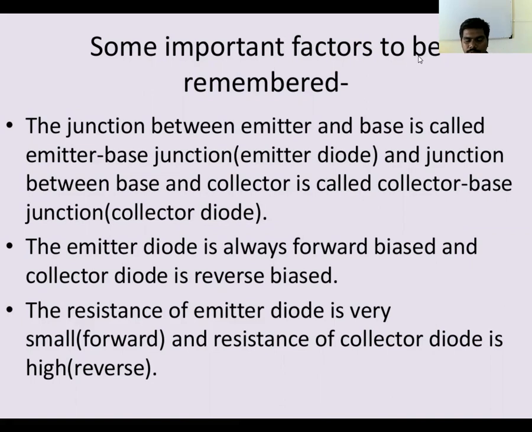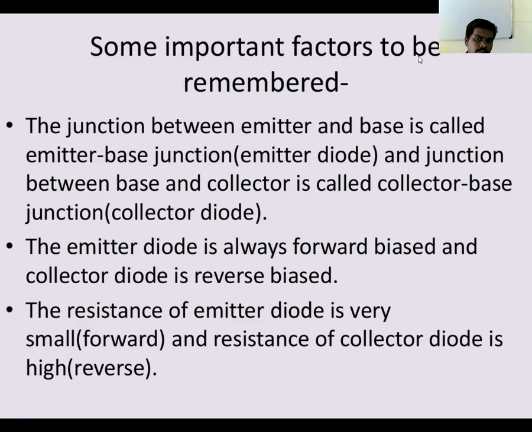The emitter diode, means the first junction, is always forward biased, and the collector diode is always reverse biased. Means the top part should be forward biased and the bottom part of the BJT is always reverse biased. The resistance of the emitter diode is very small. Why small?